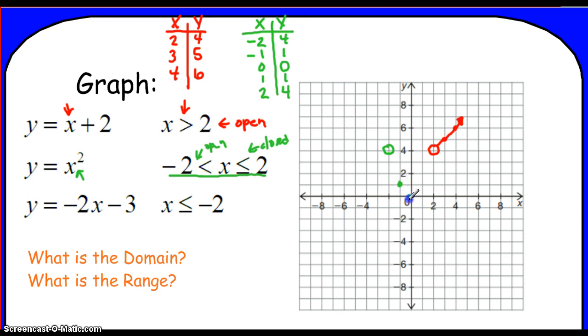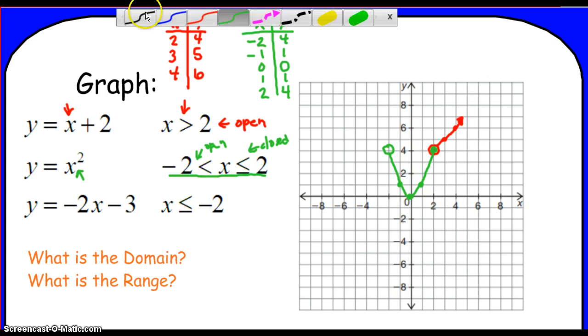I have a point at 0, 0, 1, 1, and then I have a point at 2, 4, and this time it says it's closed. So that means I'm filling this dot in, and I'm only going from my open circle to my closed circle for that piece of the puzzle. So now I have 2 of them that are connected. They don't always have to connect, like our last example, but sometimes they do.